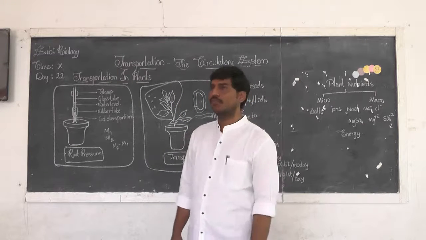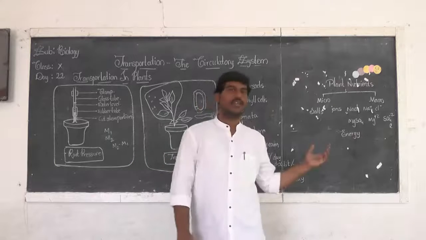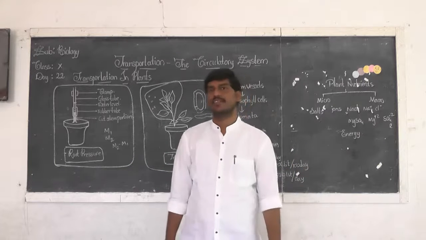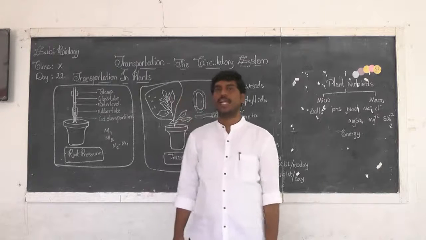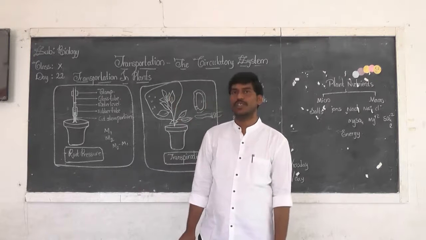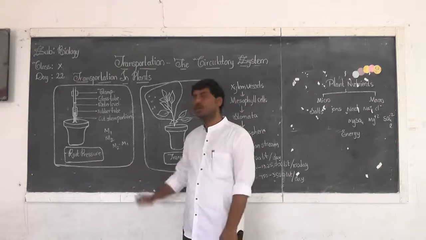So this is about today's topic, that is root pressure, transpiration and also transportation of mineral salts. And for today's home assignment, children, you need to write down what is root pressure, and describe an activity to prove root pressure.